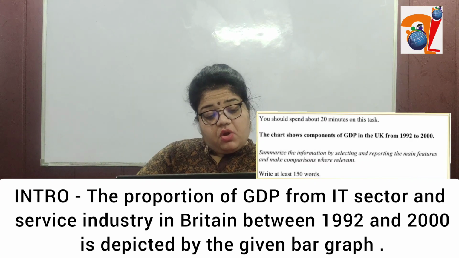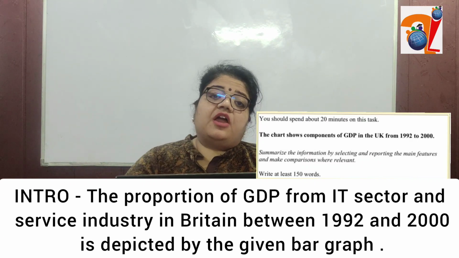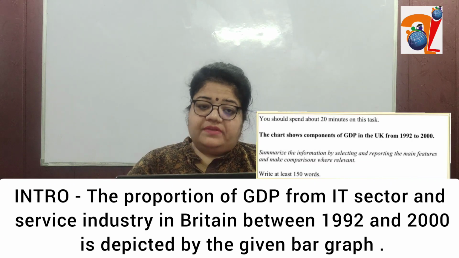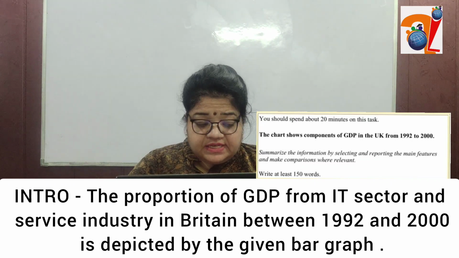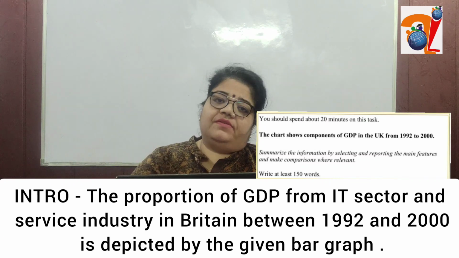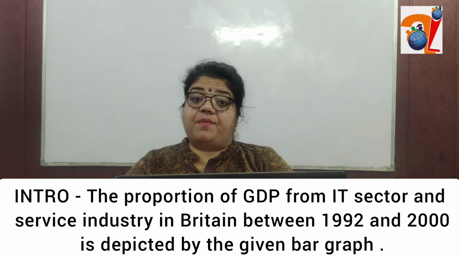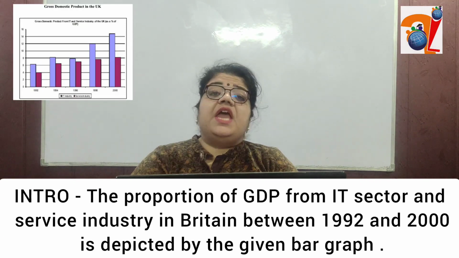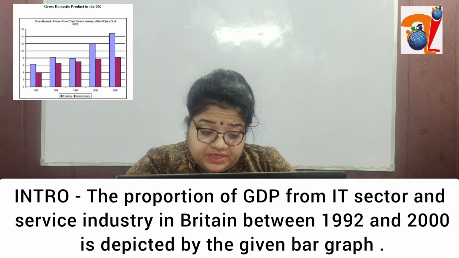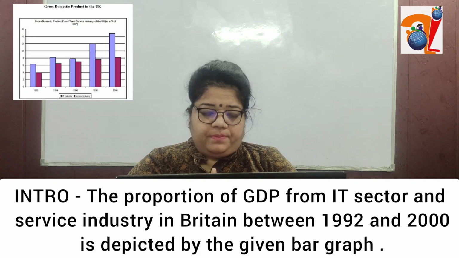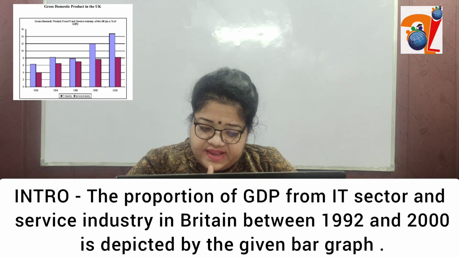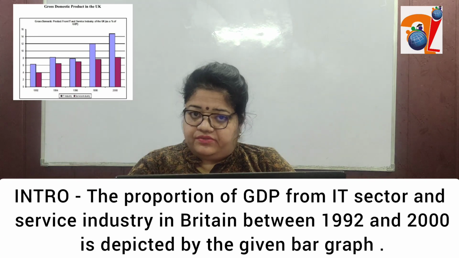The proportion of GDP, we are about to write it in passive form as the question is in present active. We will write it in passive form so that we can get a better score in grammatical range. The proportion of GDP from the IT sector and service industry.